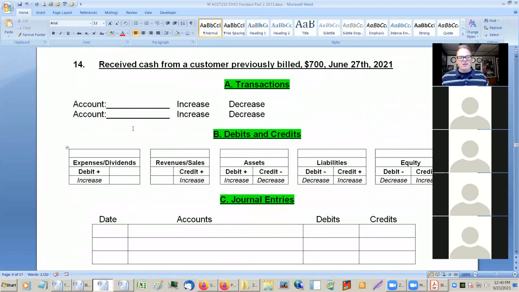So 14. First thing we have to do is figure out what accounts we're using. Received cash from a customer previously billed. Cash and accounts receivable. Yep. Previously billed would be the accounts receivable.